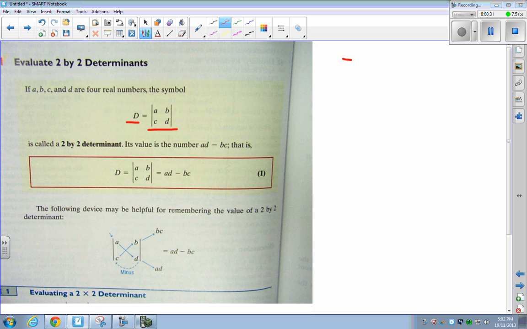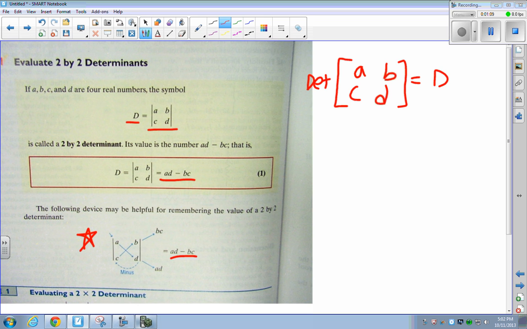So now if we wanted to take the determinant of the matrix A, B, C, D, we could just say the determinant of this matrix is just equal to D. Okay, but what really matters is that the determinant is equal to A times D minus B times C. And if we look down here at this illustration, it shows how we come up with that with some cross multiplication. Okay, so this is key to remember.